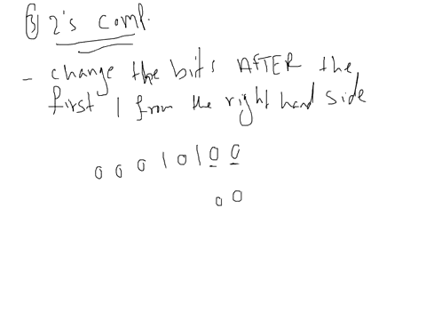This number is 0, it will come down as it is. Now this is the first one we see from the right. It also comes down as it is, and then we change what's after the first one. So this 0 here will become 1. This 1 will become 0, and then 1 1 1. This way we have our 2's complement.